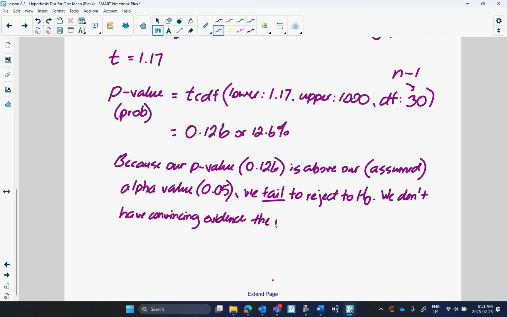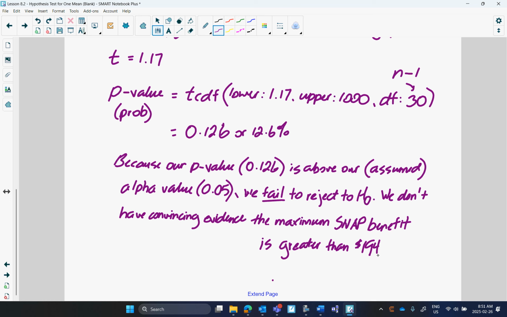The maximum SNAP benefit is greater than $194. Because there was a good chance we got our sample mean by chance. So that would be the long one.